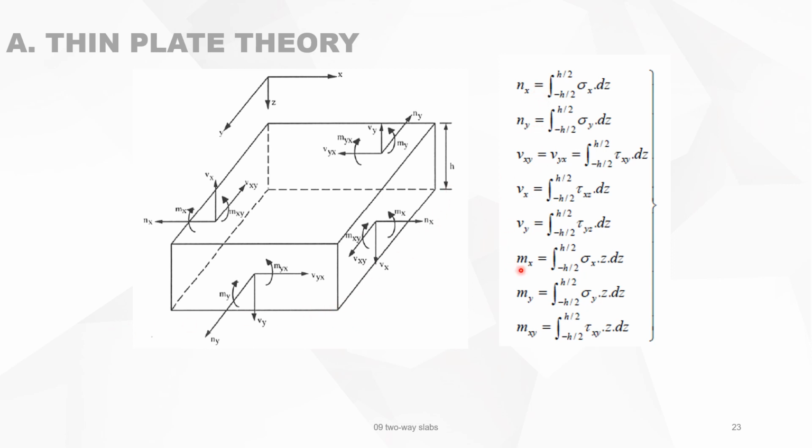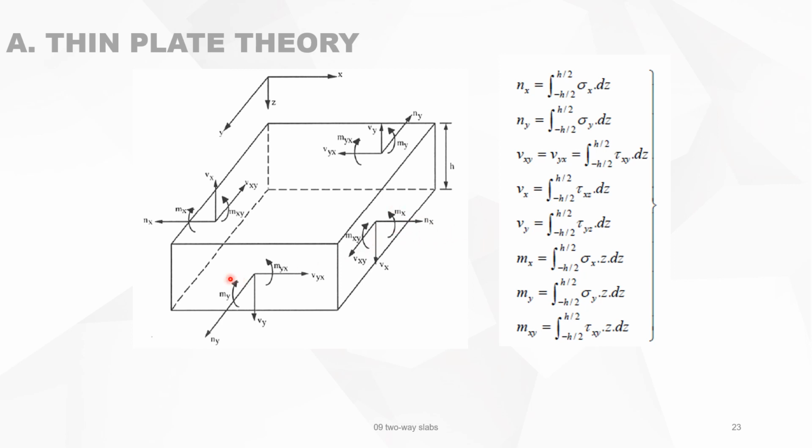For instance, for the bending moment, Mx is the bending moment around the x-axis. It is, of course, sigma x, the stress in x direction multiplied by the z coordinate, and then the integral from minus h over 2 to plus h over 2.